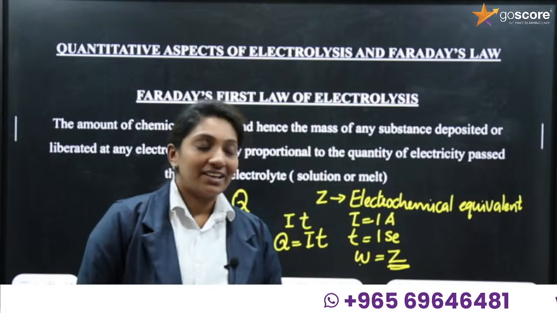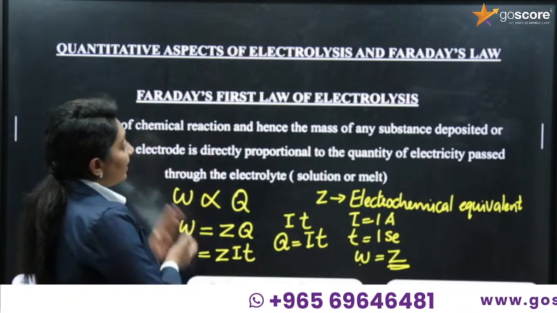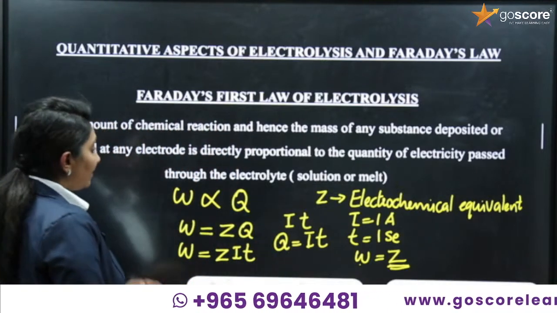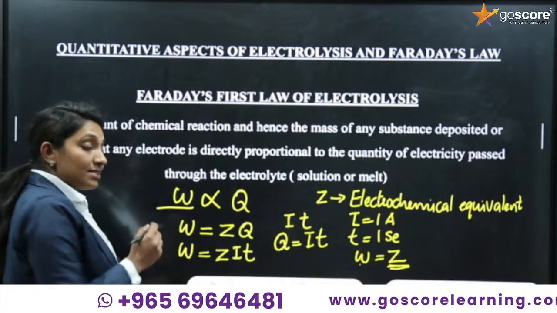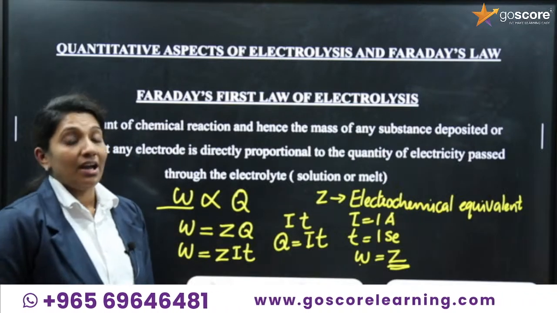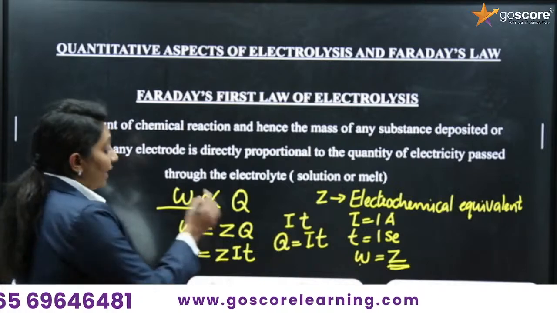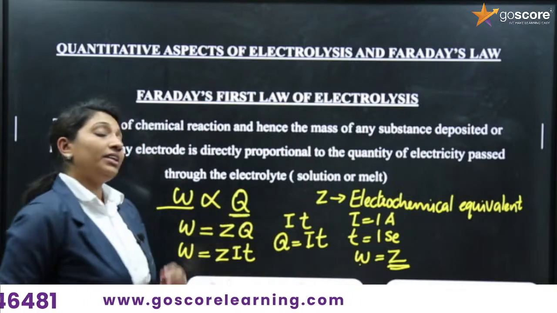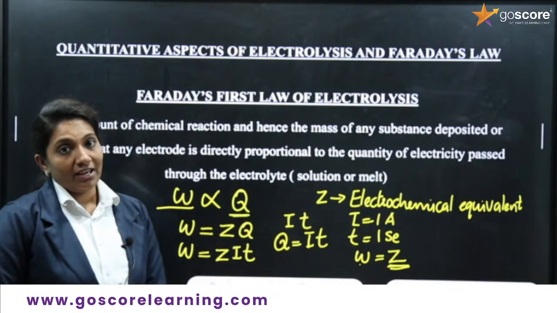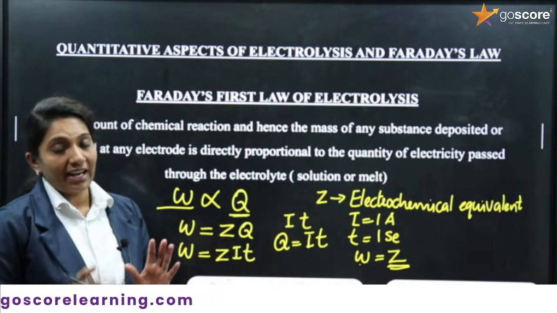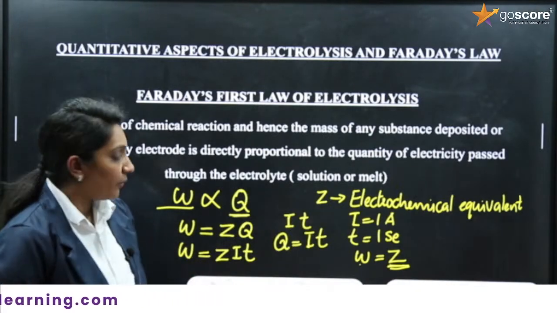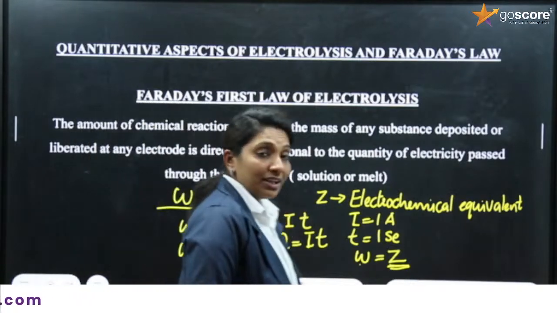So that's about Faraday's first law of electrolysis: the amount of substance deposited or liberated at the electrode is directly proportional to the quantity of electricity passed through that particular electrolytic solution. Okay, that's about the first law.